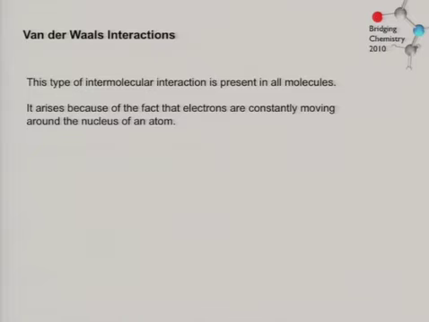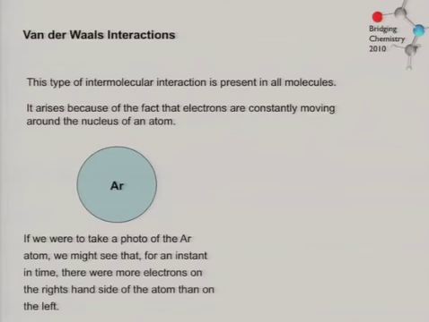Even in molecules where you've got a number of nuclei, all your electrons are moving around the bonds and around the nuclei. So we need to take into account the fact that our electrons are moving all the time. And then what we're going to do is stop and take a snapshot in one instant.